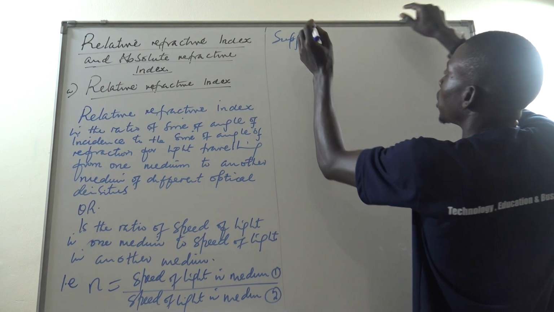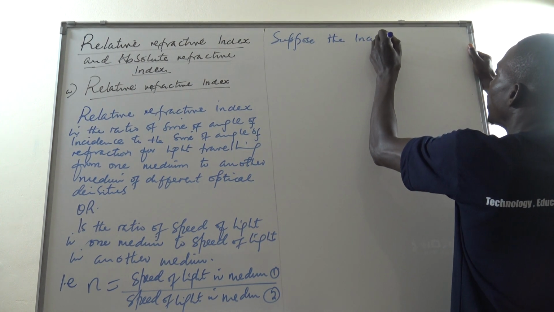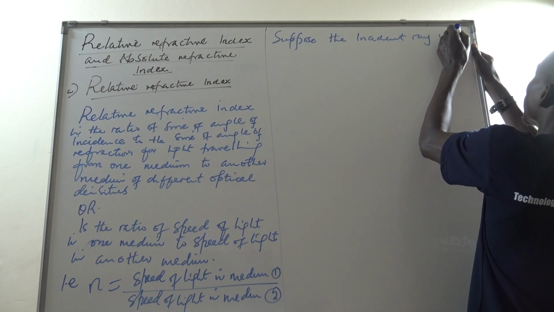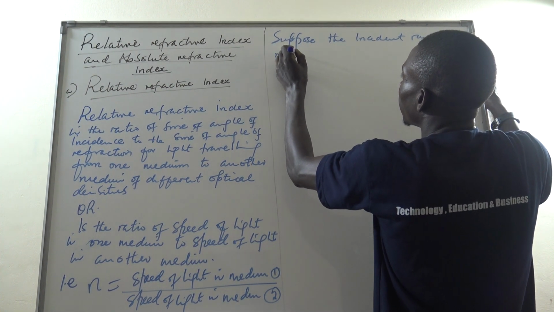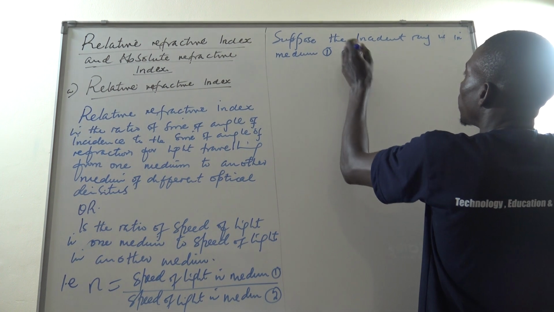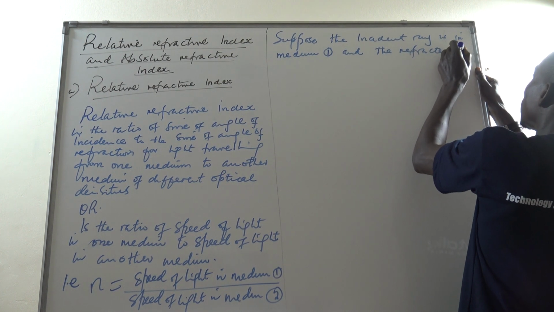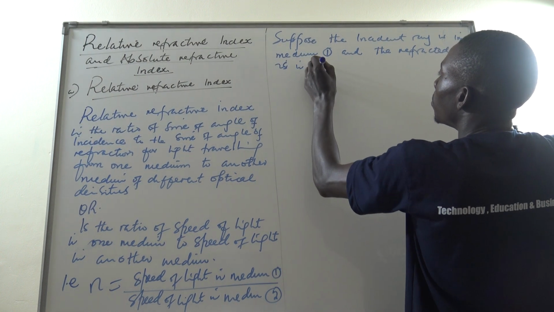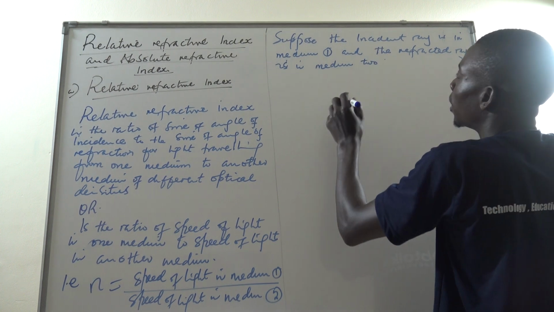So now suppose the incident ray is in medium 1 and the refracted ray is in medium 2, the second medium.